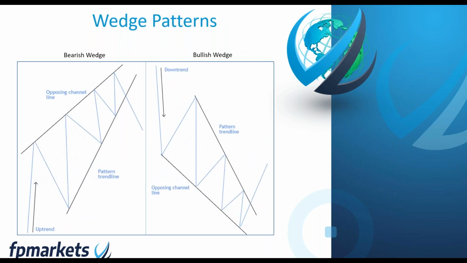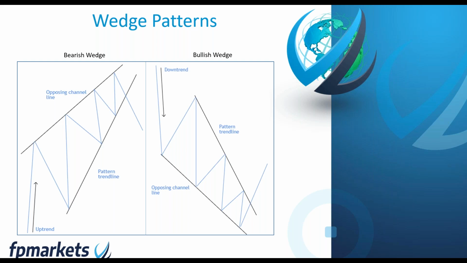Let's move back to the wedge. I'll just repeat some of what I've said, just in case you guys have forgotten, because I've just gone back to the flags and pennants. As I said, there is a difference between wedge patterns and pennant formations.